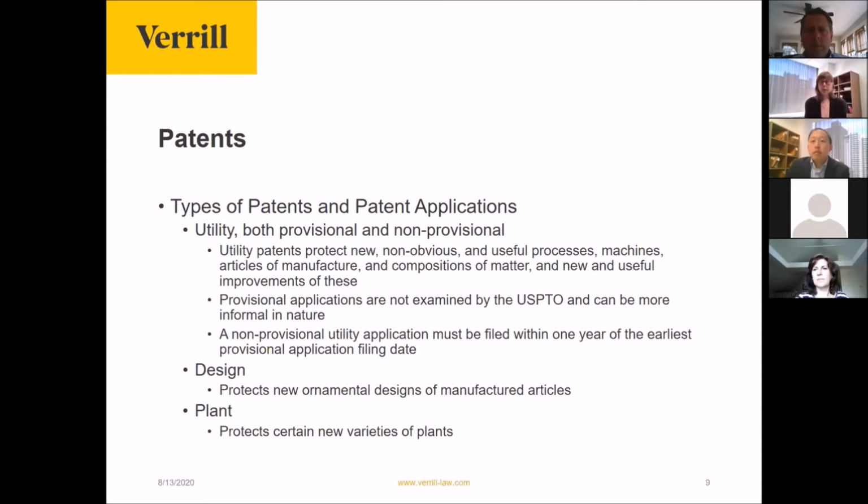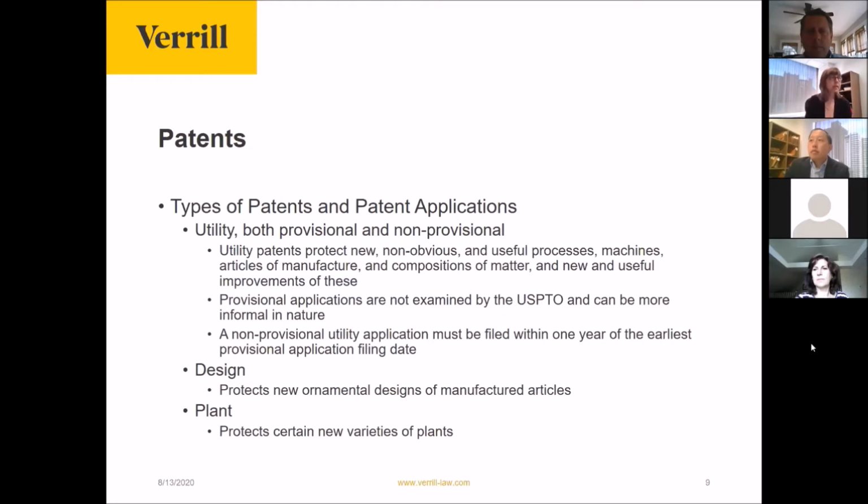There are also design patents that protect ornamental aspects of useful or manufactured articles, and plant patents, which protect certain new varieties of plants. Specifically regarding utility patents, there are 2 types of applications. There's both provisional and non-provisional applications.